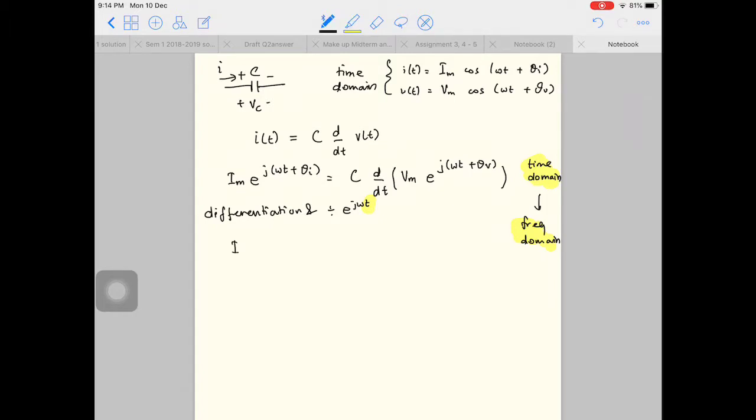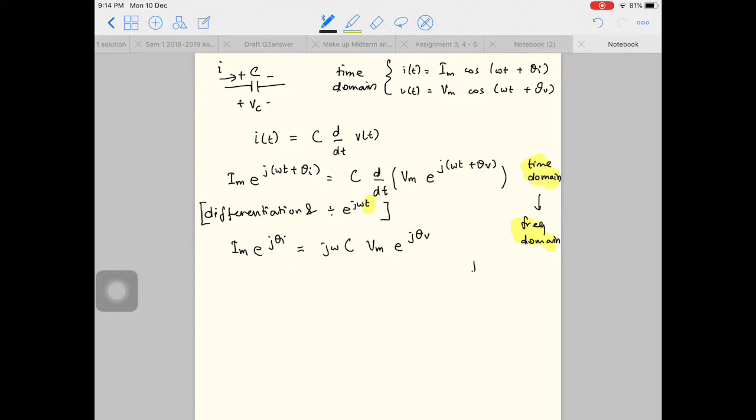We will get Im e^(j theta I) equal to j omega C Vm e^(j theta V). This is using differentiation and division by e^(j omega t).